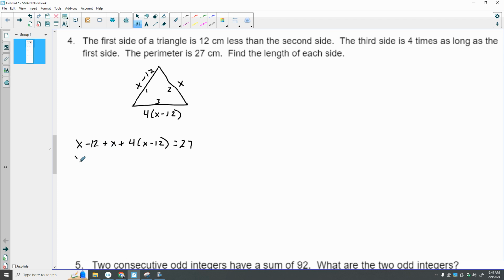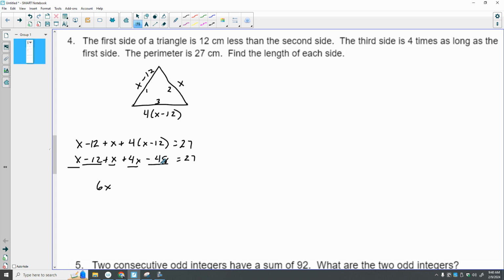Well, let's just distribute before I start combining like terms. My first step is to distribute the 4. 4 times X is 4X. 4 times a negative 12 is a negative 48. Now I combine like terms. I have 1, 2, 6 X's. I have a negative 12.